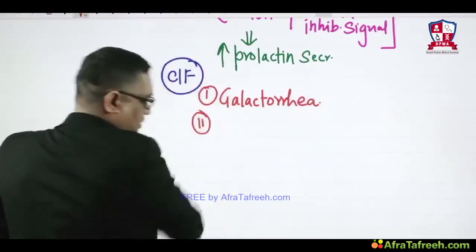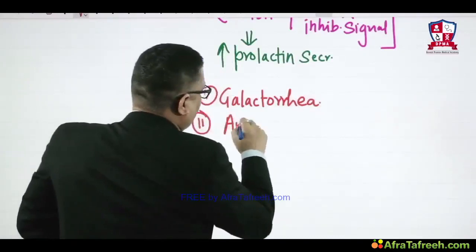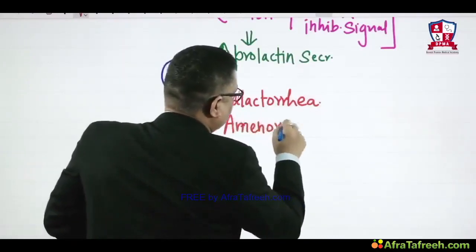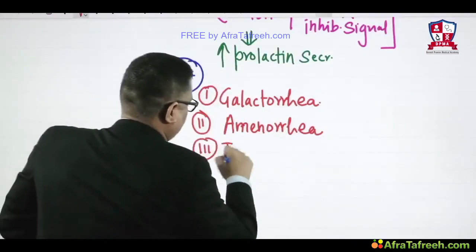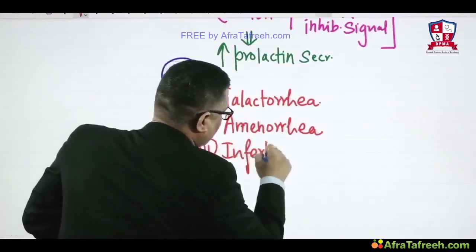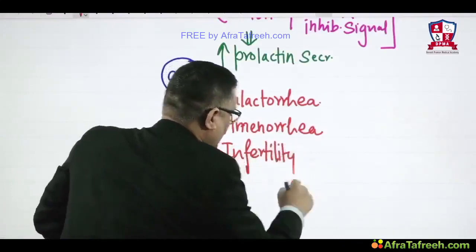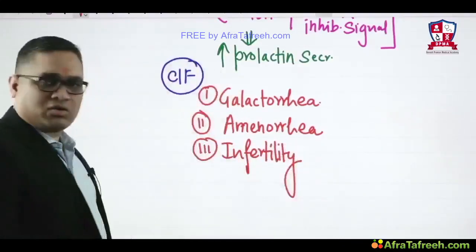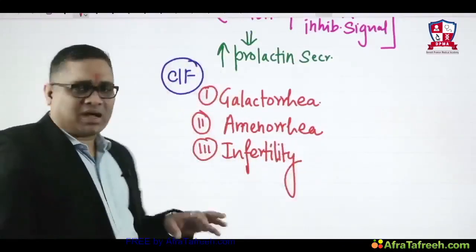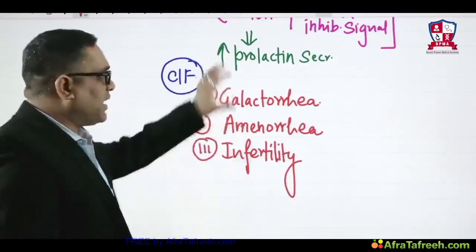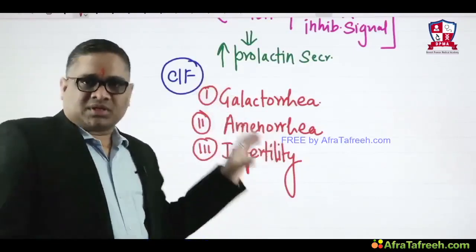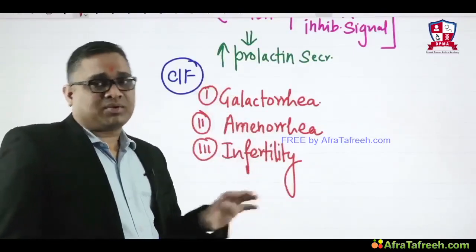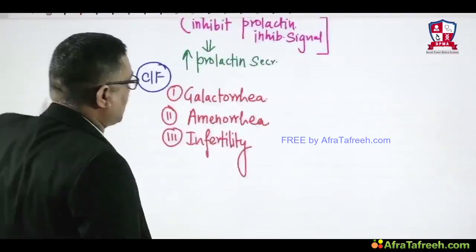Second, this patient will have amenorrhea and infertility. So these are the important points about prolactinoma: galactorrhea, amenorrhea, infertility. These are the findings we will see in prolactinoma, which is the most common cause of anterior pituitary adenoma.